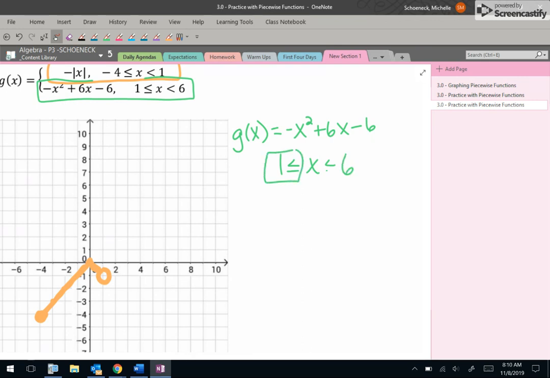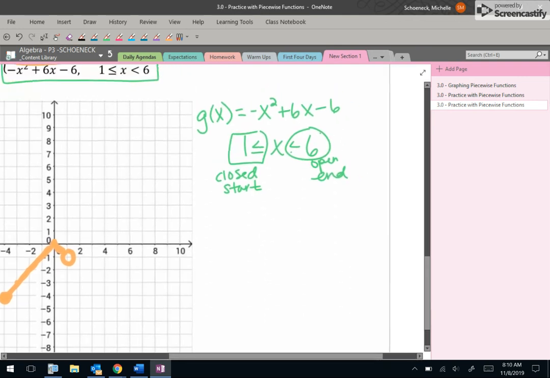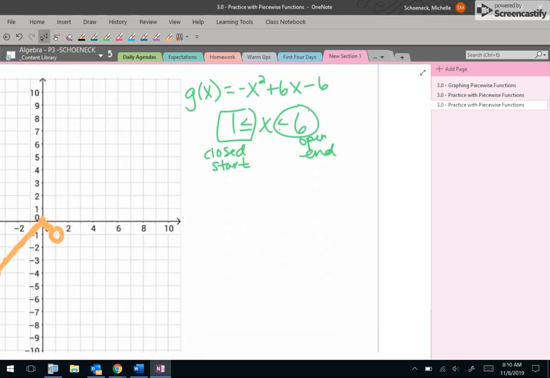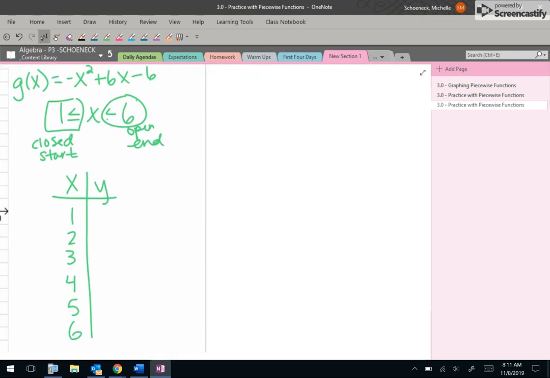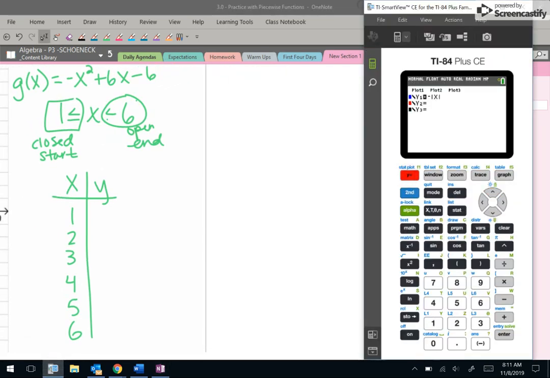The 1 is a closed circle and the start, and the 6 is an open circle and the end of the interval. So from 1 to 6, I'm making my table: 1, 2, 3, 4, 5, and 6. Now let's go to our calculator, type it in, and find our y values.